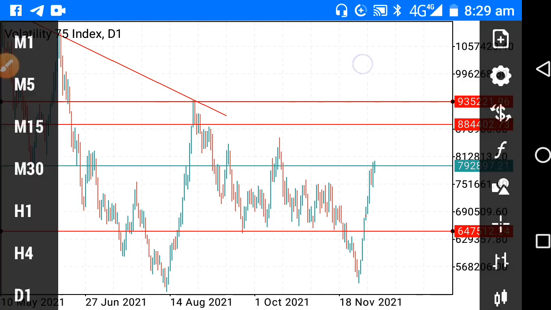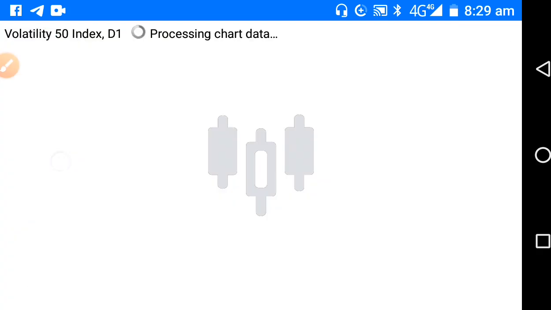Now let's go and check a random volatility such as 50. Let's see whether we'll have touch on volatility 50. Remember, this strategy works on every time frame. On every time frame.